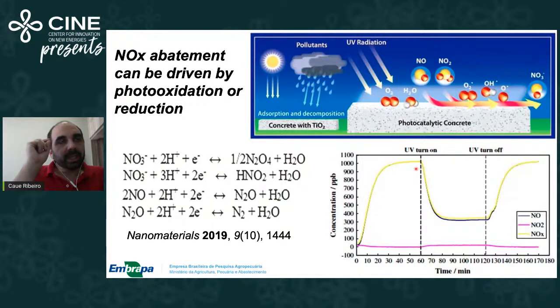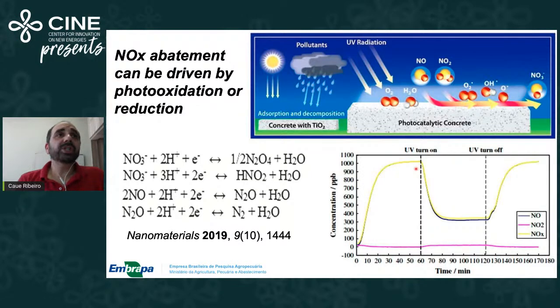It is important to observe that the treatment of nitrogen oxides, the nitrogen abatement, can be done by the oxidation of these nitrogen oxides to nitrate ions, or by the reduction of these nitrogen oxides to nitrogen, the N2 molecule. Both of them are possible.